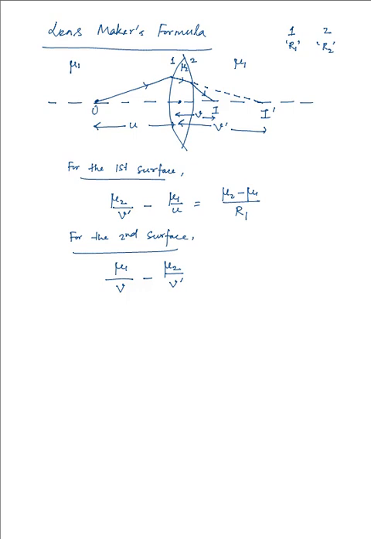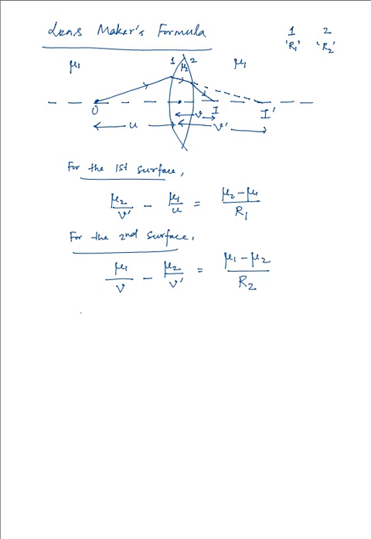So again, we are having the case of virtual object distance in this case. Again, as the refractive indices are interchanging, we have mu1 minus mu2 over here divided by the radius of curvature of the second surface, because we are concerned with the second surface over here.